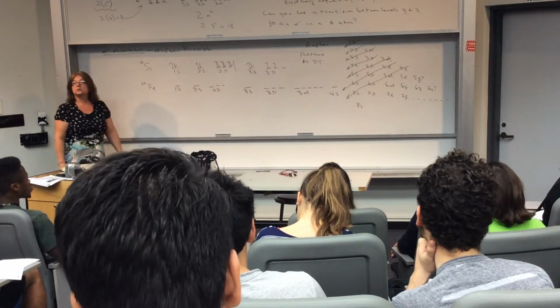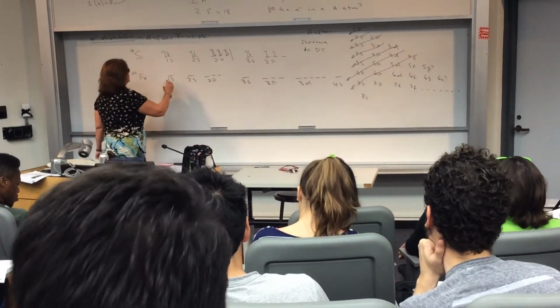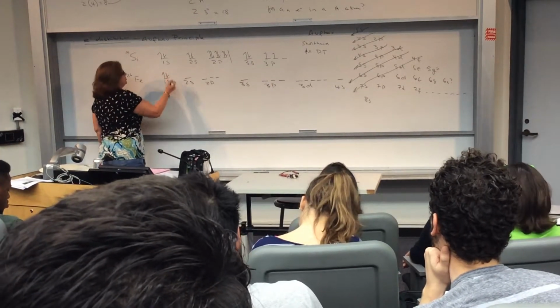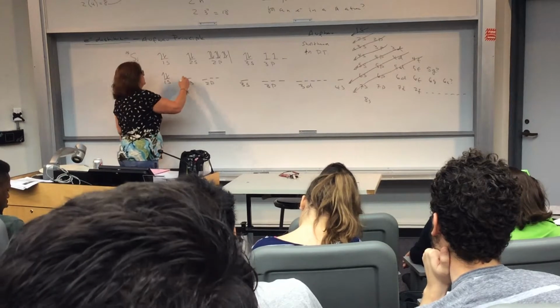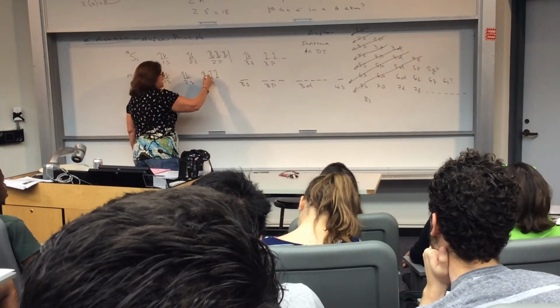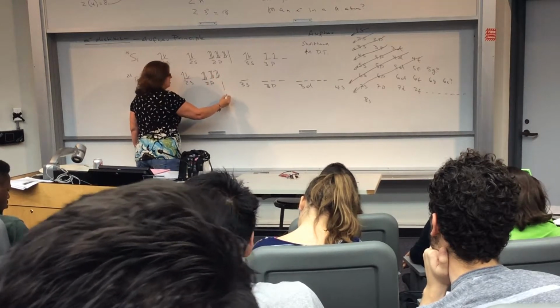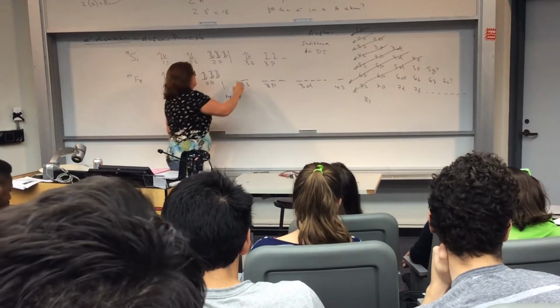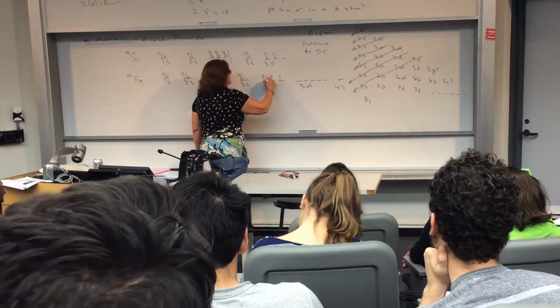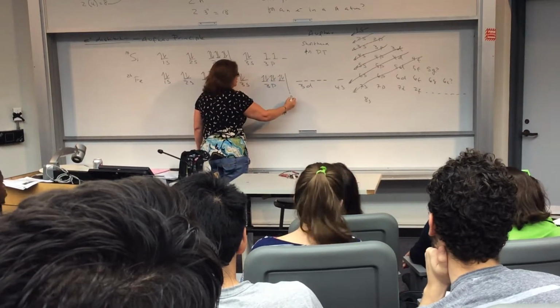How many electrons? 26. Here we go. What do I fill first? 1s. 2, after the 3, 4, 5, 6, 7, 8, 9, 10. Neon. 11, 12, 13, 14, 15, 16, 17, 18. I'm at argon.